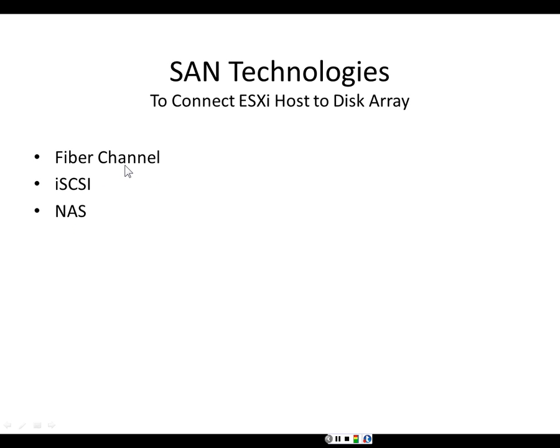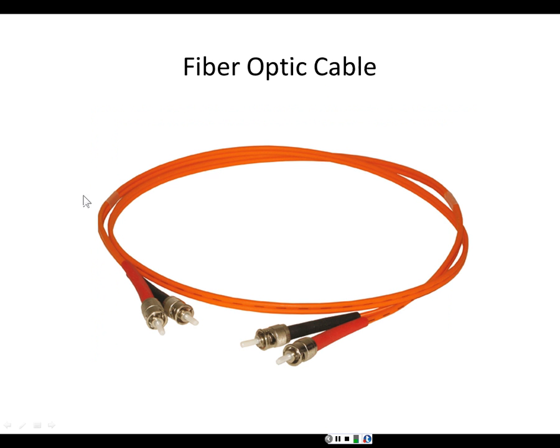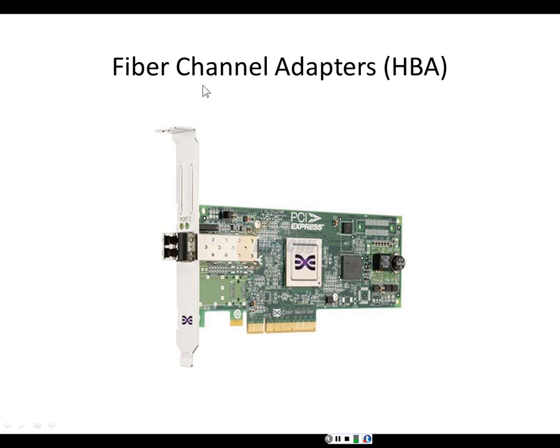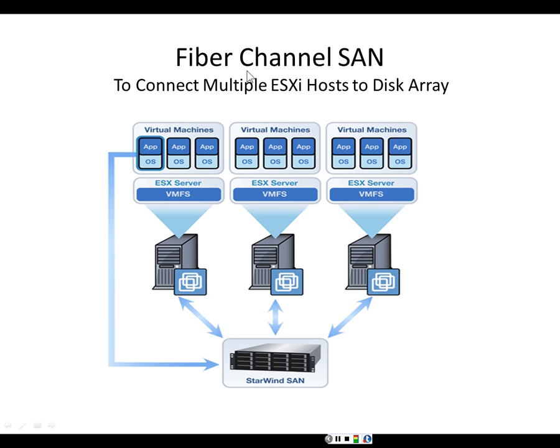Now, a fiber channel storage area network is high speed. A fiber channel storage area network uses fiber optic cable to connect fiber channel host bus adapters to fiber channel switches to form a fiber channel storage area network.